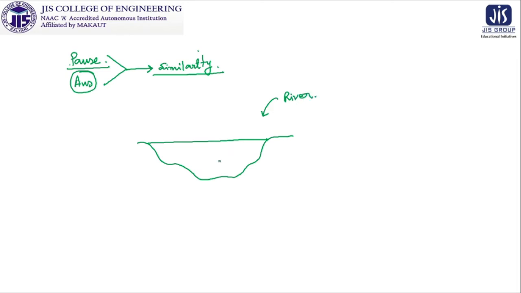Obviously you can think, in this particular geographical area, there is a river which is flowing, and water is flowing from this direction to this direction, but we are taking the cross section at a particular point and we got this cross section like this.